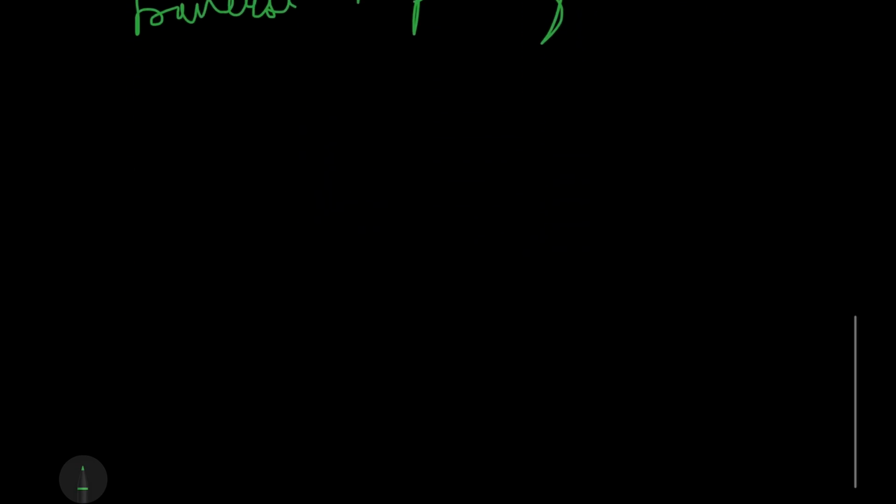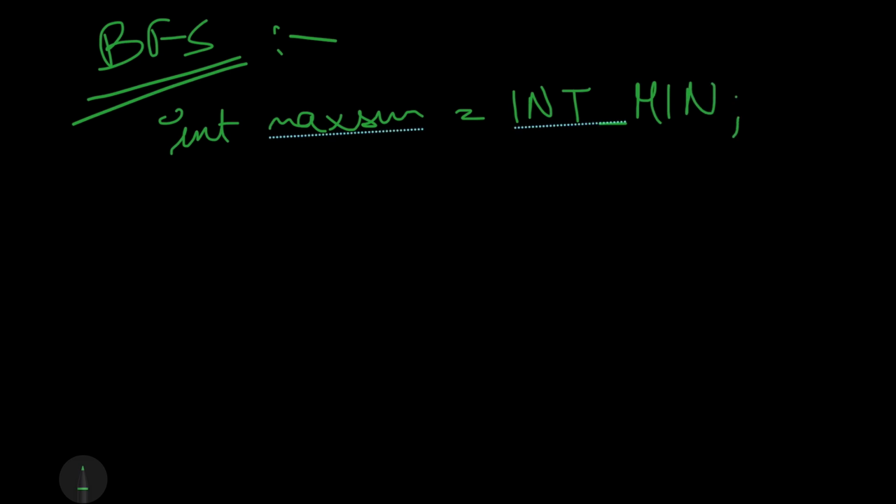Okay, so first let's see how we'll write the code for BFS. First we'll initialize a variable which is max sum. Its value would be int minimum, because we'll have negative values as well. Then we'll define the variable result level, which will contain our final result that we have to return.